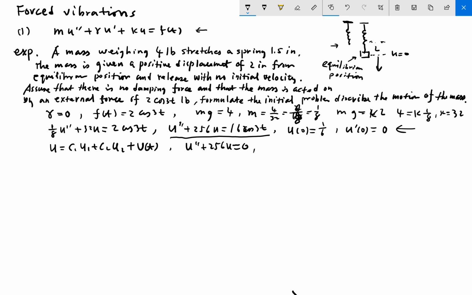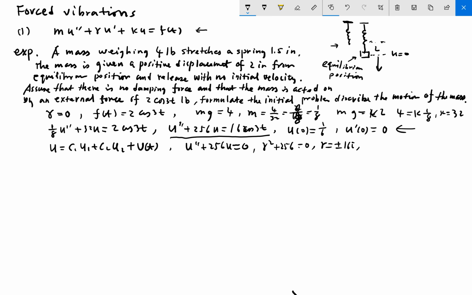So what do you need to do? You just need to find its auxiliary characteristic equation, r squared plus 256 equal to 0. So your r here is positive and negative 16i.